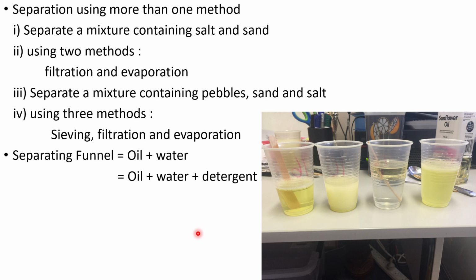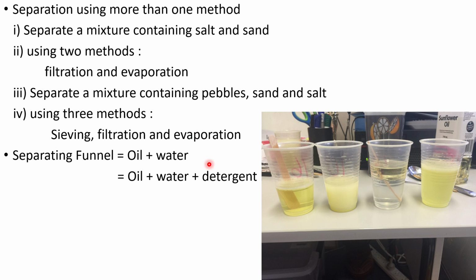I want to make you aware of the fact that when detergent is added to a mixture of oil and water, it causes the oil to form very small droplets. And when you stir this mixture of oil, water and detergent, it leads to the formation of a milky white emulsion. This would be very difficult for you to separate.